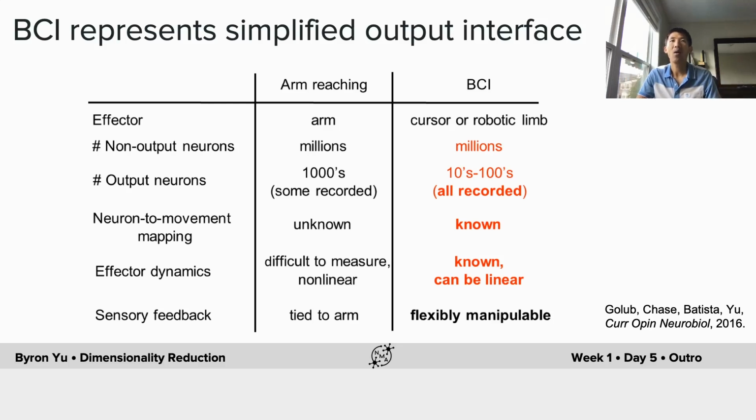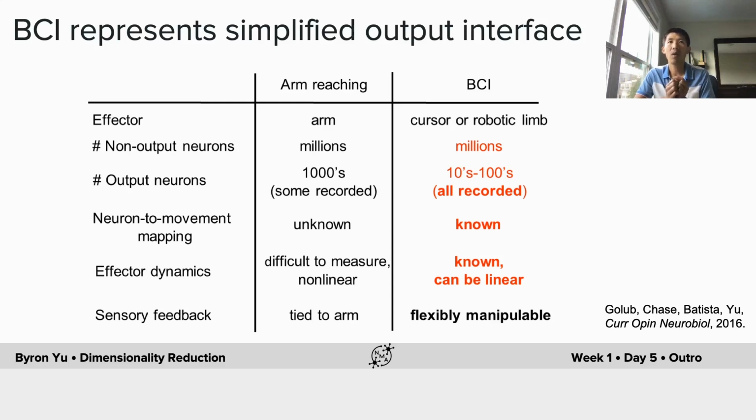And only those neurons that we recorded can directly influence the movement of the BCI cursor or robotic limb. All the other neurons in the brain can still be involved, but in order for their activity to affect the BCI cursor or the robotic limb, they need to pass their signals through one or more of the neurons that we recorded.